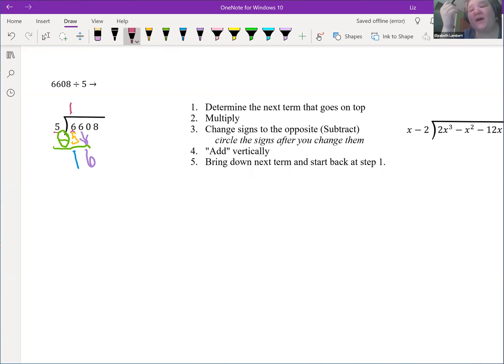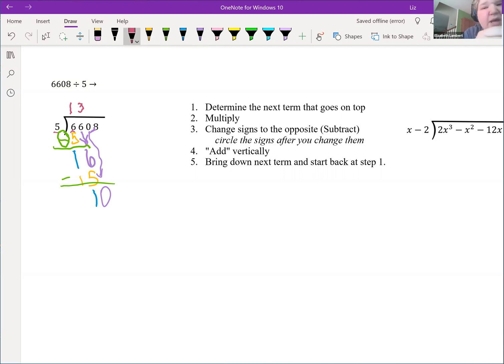So now we're looking at 5 going into 16. It'll go in there 3 times. Now we have a 3 up here. Next, we multiply and get 15. Then we change the sign for subtracting. Then we actually do the math and get another 1, and bring down, in this case, a 0. Now 5 actually goes into 10 nicely.